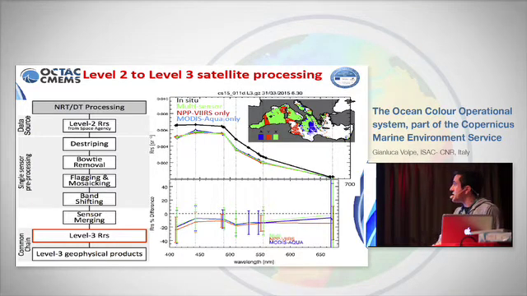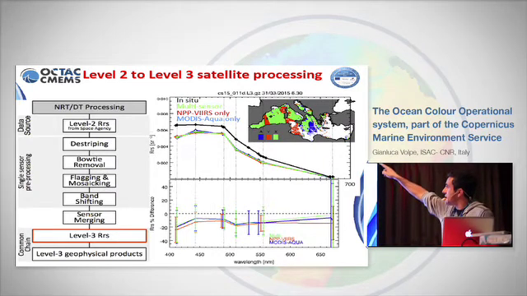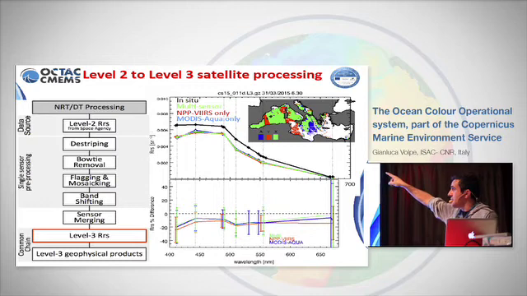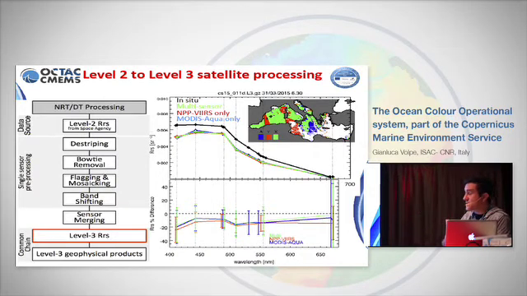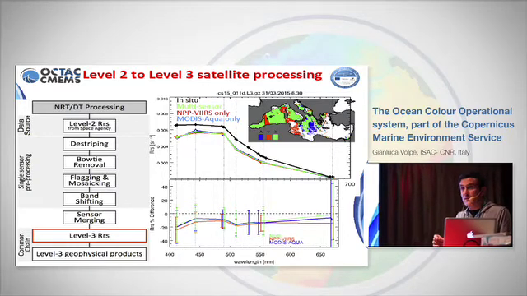But an important point is that, in blue here is shown the area only sampled by MODIS Aqua. In red, the one only sampled by VIIRS. In green, the combination of the two. But you can see that all together makes the merged product.